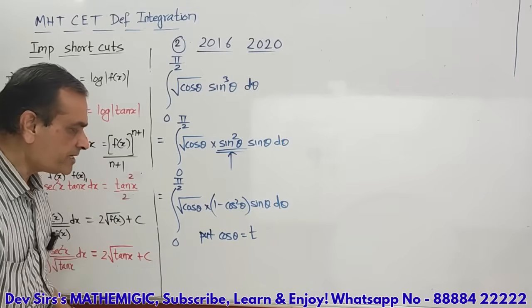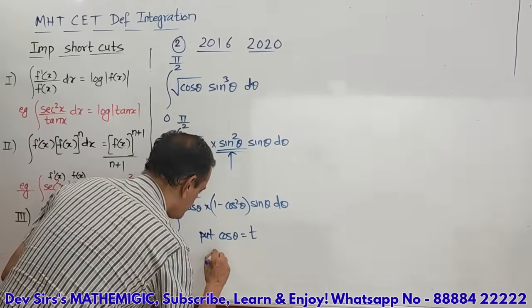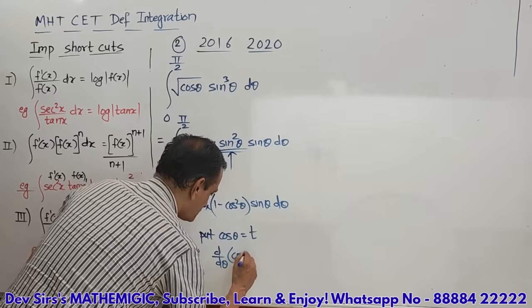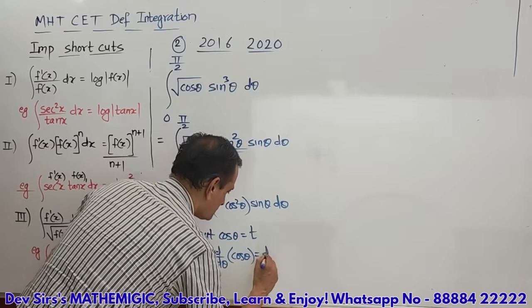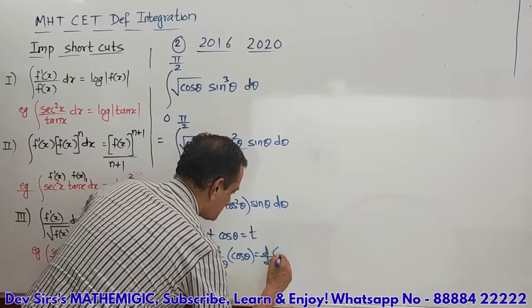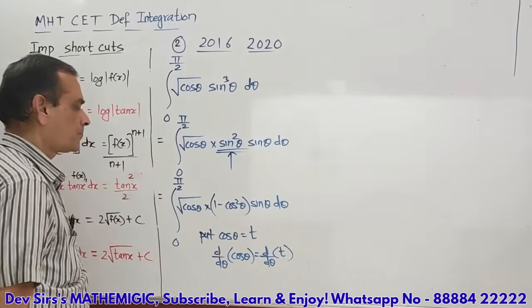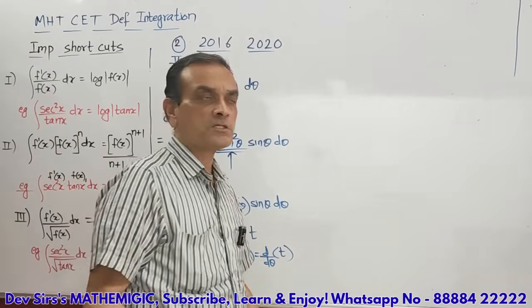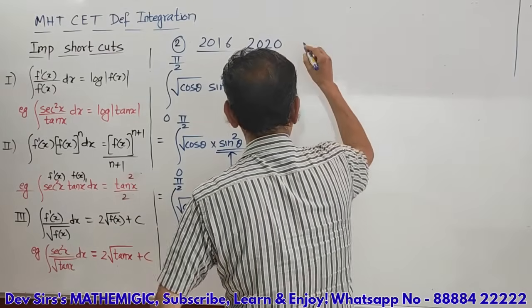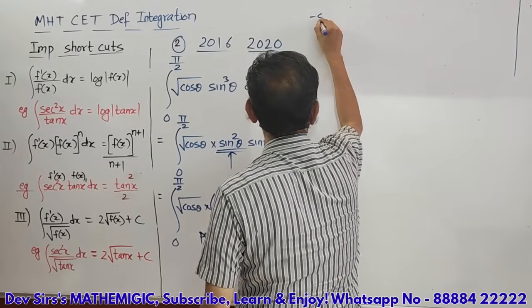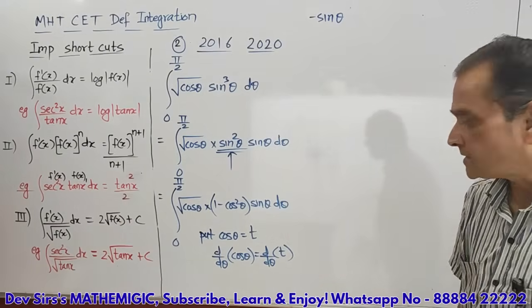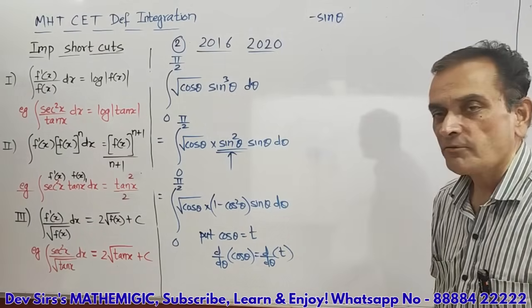So if I differentiate with respect to theta, d by d theta of cos theta का मीनिंग क्या है? डेरिवेटिव ऑफ cos theta with respect to theta is minus sin theta. d by d theta of cos theta. d by d theta of t is what?